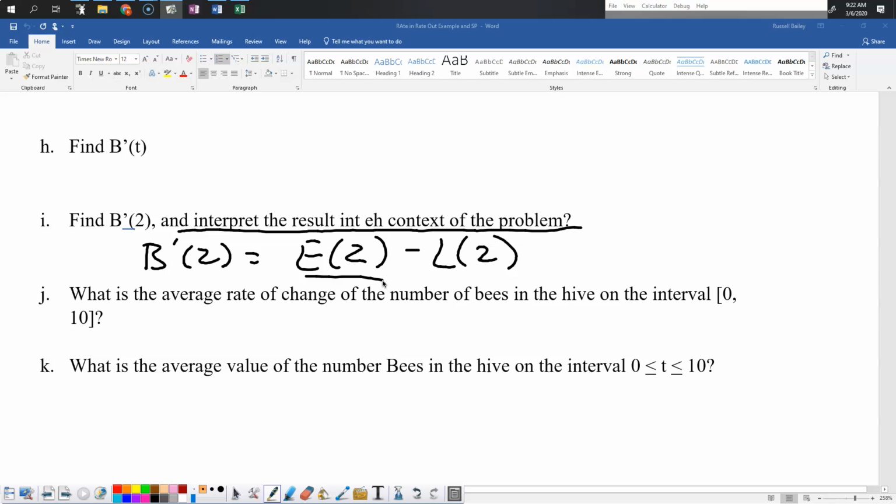Okay? What does this mean? That represents how fast they're leaving. So what does this whole thing represent? If you do rate in minus rate out, what do you get?